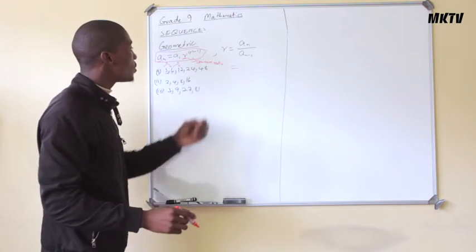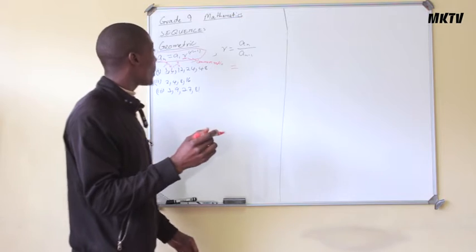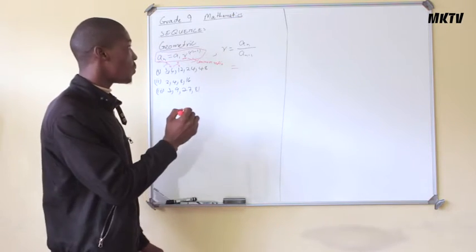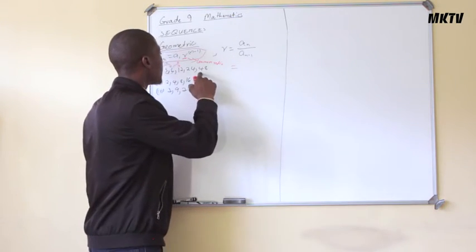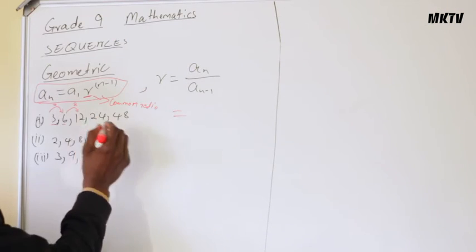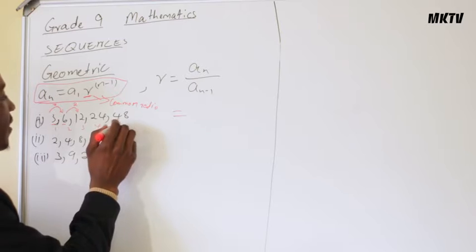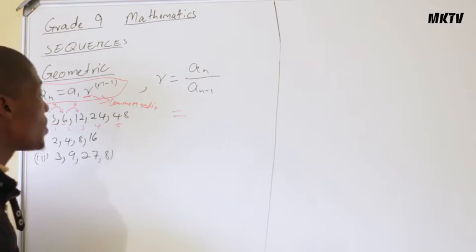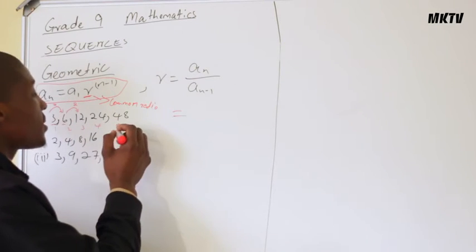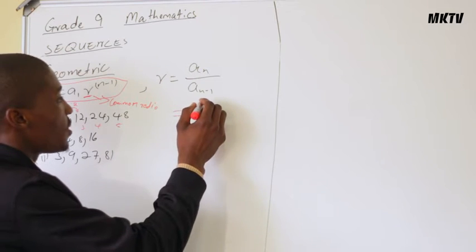So from this sequence, let's first calculate the common ratio. Let's just take any position. This is position 1, 2, 3, 4, and 5. Let's go for position 5.